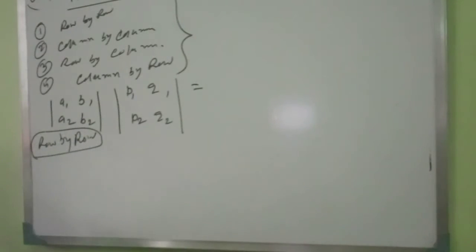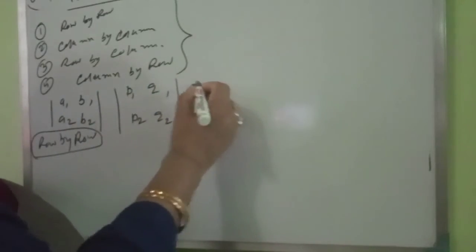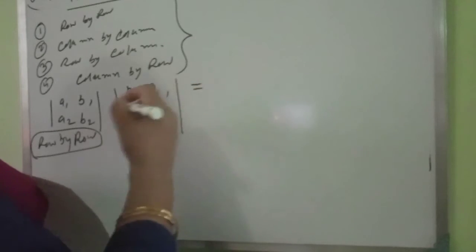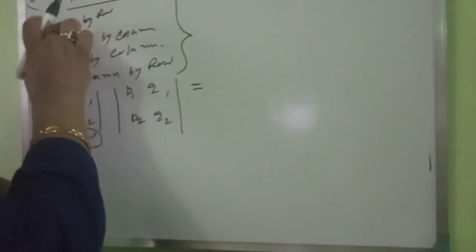If you want, you can always follow row by row. When matrix determinant multiplication is there, always follow row by row. Another method can be done, but you should follow only one method. All the methods no need to do. Okay, I have explained all the methods in your PDF. All of you will get it. You can understand. But here I will explain only row by row.